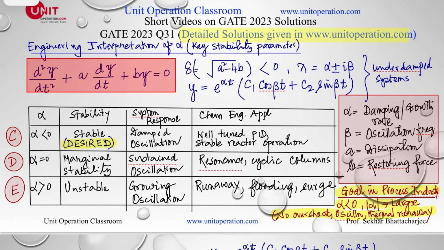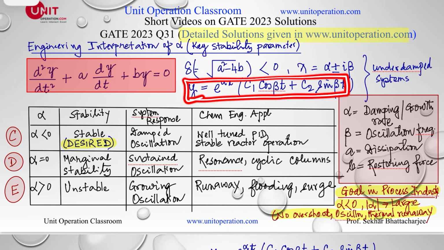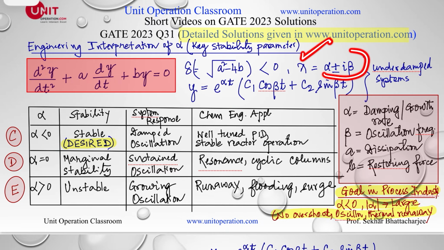So this is my main equation, and when the discriminant is negative, that is my solution, and the roots are alpha plus minus i beta. Alpha is the damping growth rate, beta is the oscillation, A is responsible for the dissipation, and B is the restoring force, which tries to restore it to equilibrium.